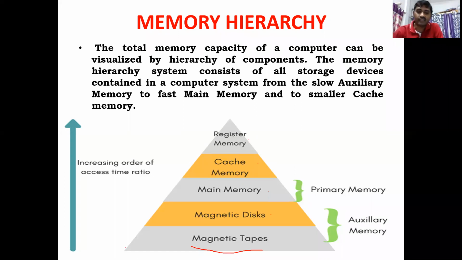Storage-wise, the bottom has the highest storage capability, whereas the top has the least, right? In access time, or speed, the register memory is the fastest one, whereas magnetic tape access is very slow.